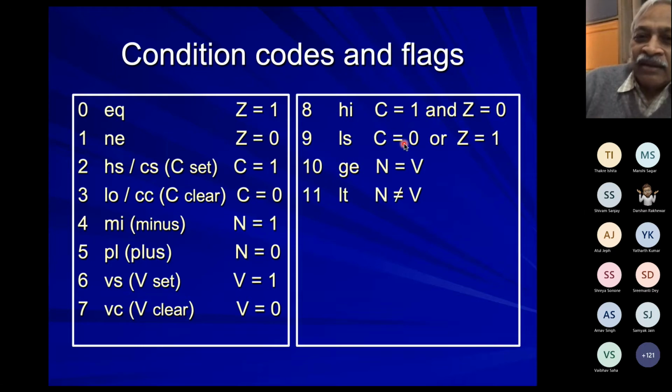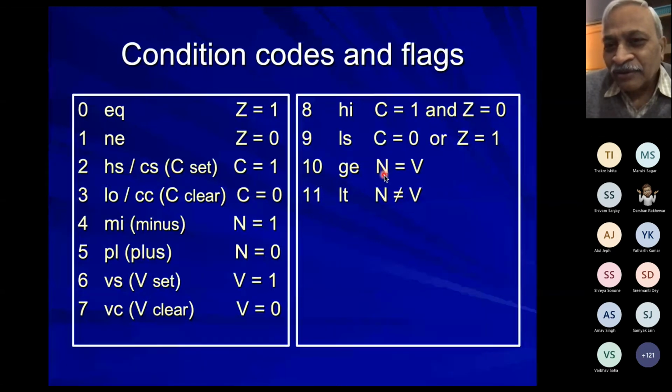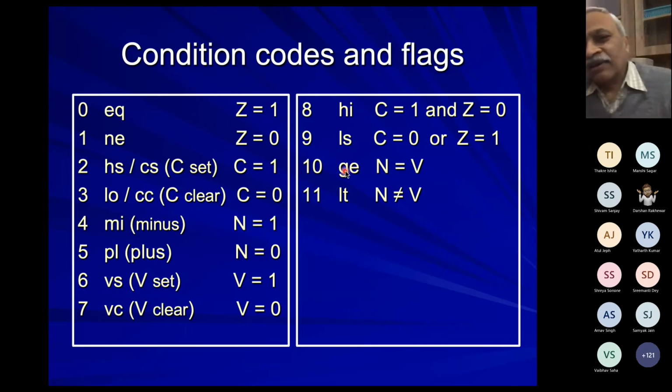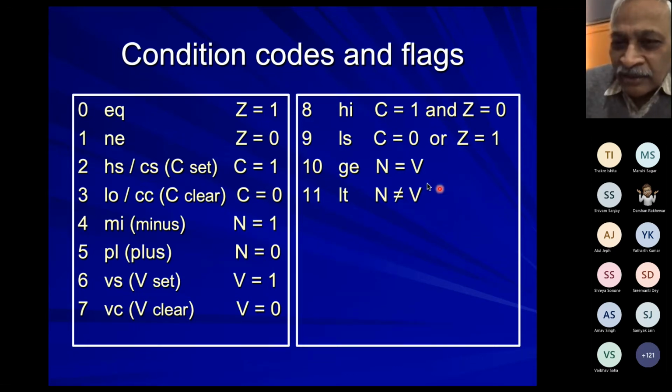These are signed greater than equal to and less than. This condition may not be very obvious to begin with. The condition N equal to V is a condition for greater than equal to of signed numbers, and its complementary one is less than. So let's understand these. To begin with, let's assume that V is 0.